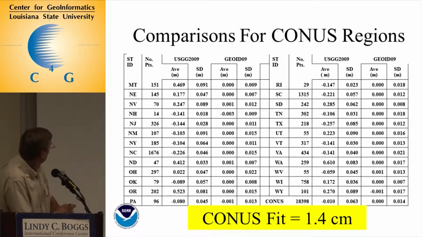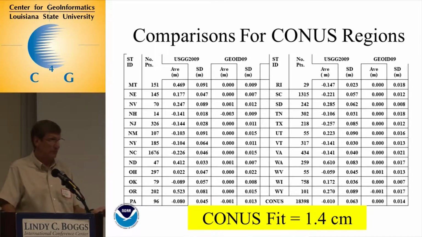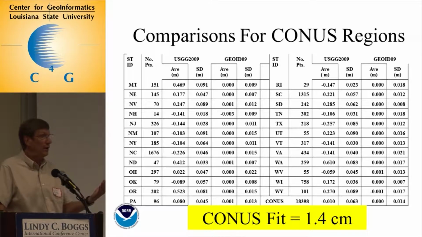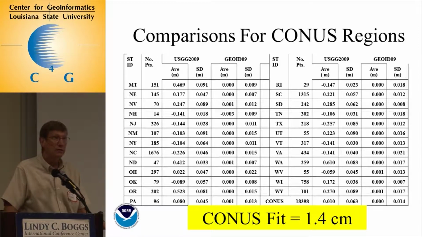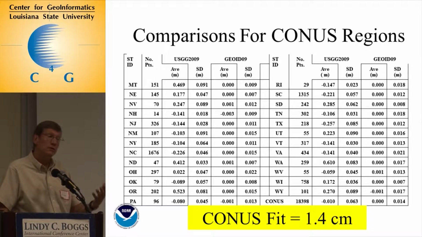So you're going to see that fit like that of zeros with geoid 09 because that was part of what the model was doing. And if you had bad benchmarks in there or bad ellipsoid heights in there, then in that local area you could have some distortion of the geoid model.